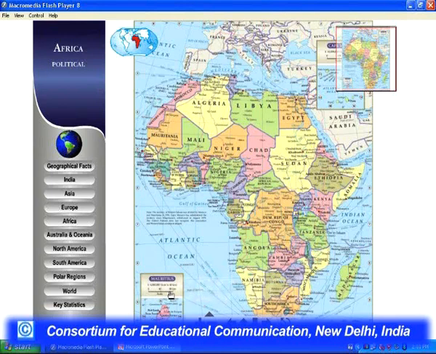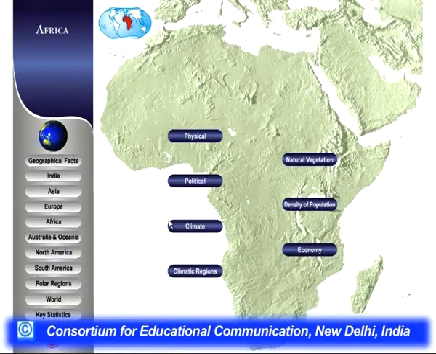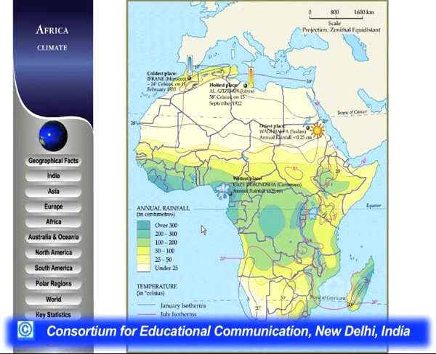As we know, the determinism where nature dominates man, where man is a product of nature, living conditions of man decided by nature. So you can find in Africa continent there is dominance of the nature, and you can see the map.